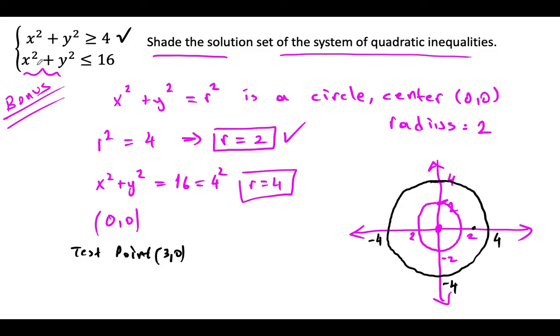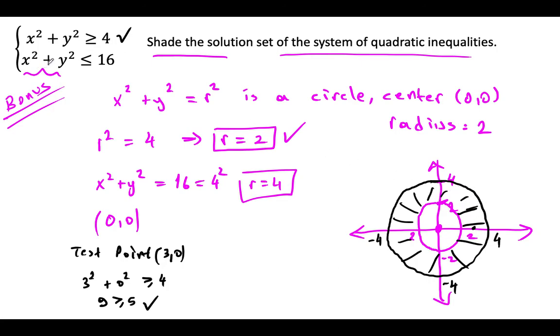Put it in the first inequality. 3 squared plus 0 squared, is it greater than or equal to 4? 9 is greater than or equal to 4? Yes, it is. That means the solution is outside of this circle. So this is the solution for the first inequality.